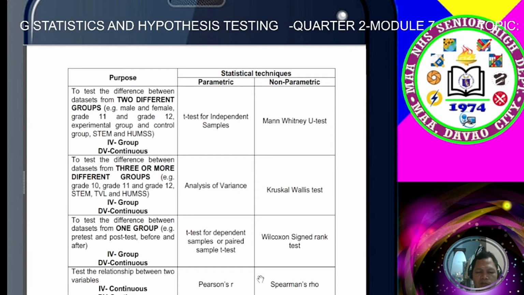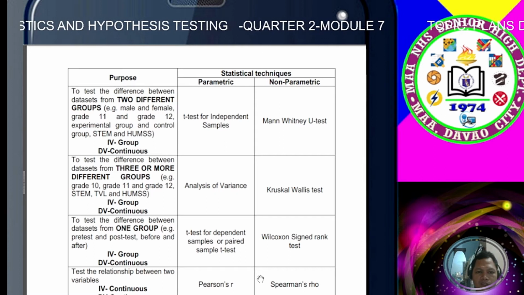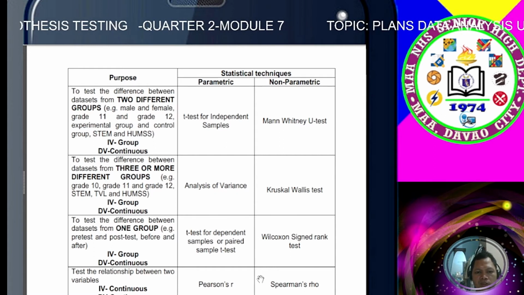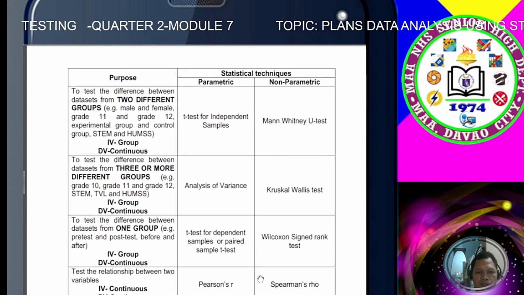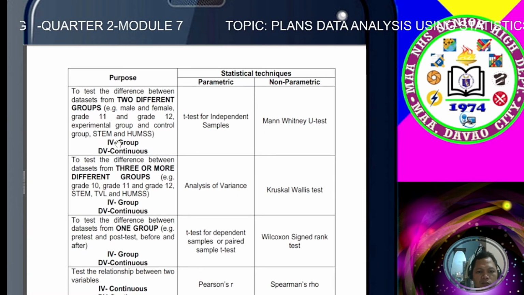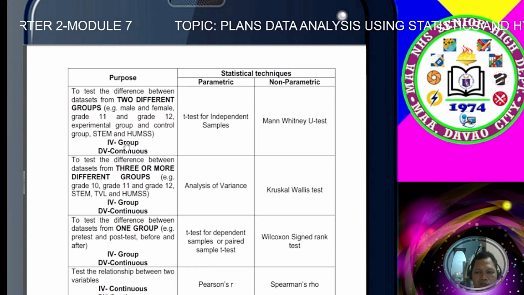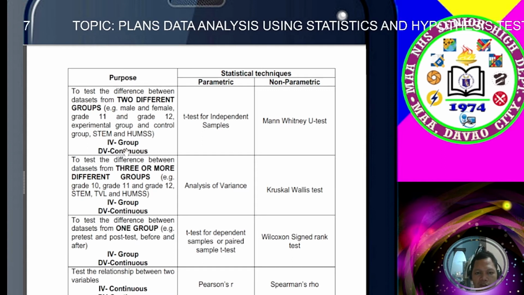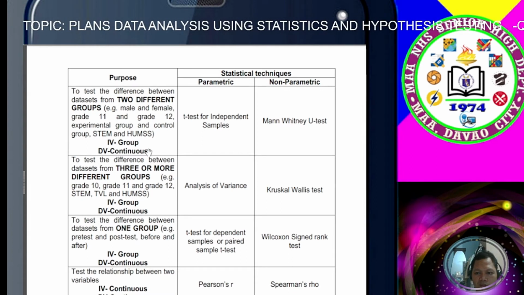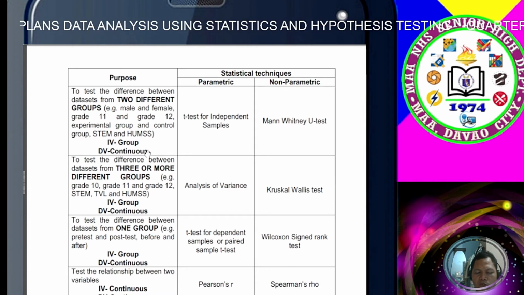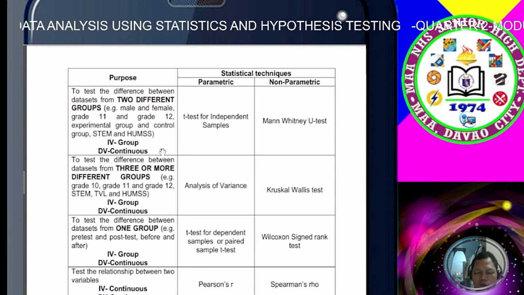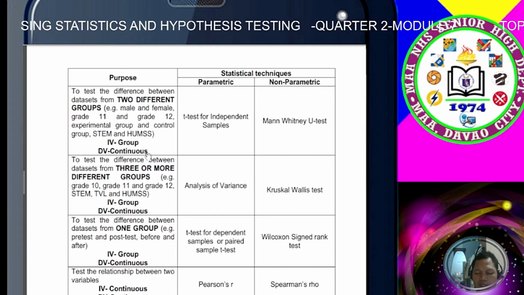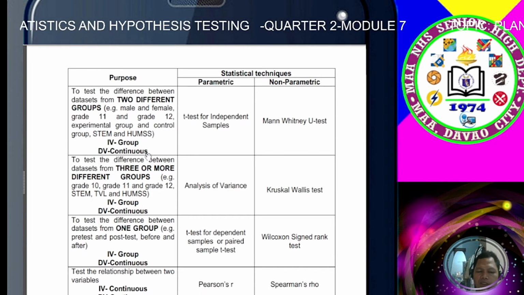For example, male and female, grade 11 and grade 12, experimental group and control group, STEM and HUMSS. Here your independent variable is the grouping or categorical variable, while your dependent variable, your data set here, is continuous. When we talk about continuous, it's about your Likert scale, for example 1, 2, 3, 4, 5, etc. Take note of that.